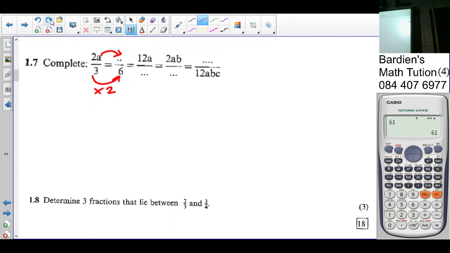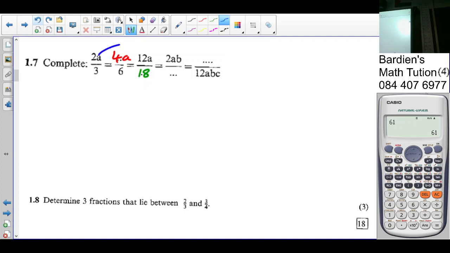Not so? So it's going to be 4a on top there. How do I get from 2a to 12a? Times by 6. So I must times 3 also by 6, which gives me 3 times 6 is 18. You will understand. Let's look at the next one.